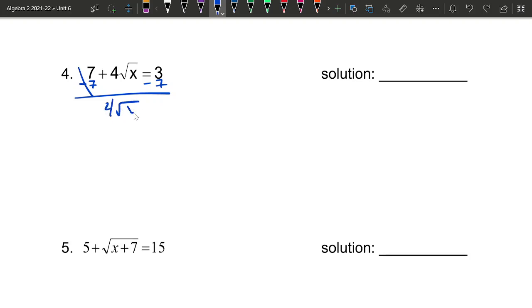So 4 times the square root of x equals 4. And then we divide it by 4. So the radical is by itself. Square root of x equals 1. And then square it to get rid of the radical. So x equals 1, because 1 times 1 is 1.